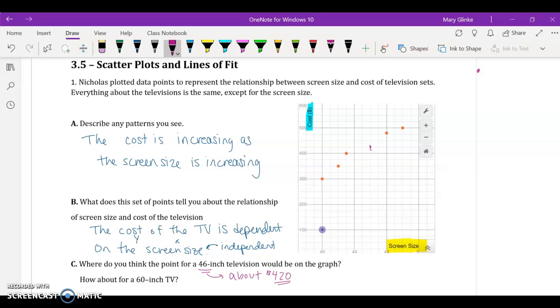Again, you can have a different number and still be correct as long as you're in this region. For the 60 inch, it's way up here, so it completely depends on how far up it goes. So maybe $700, I don't know. You could have had something completely different as long as it's somewhere above the $600-ish range.